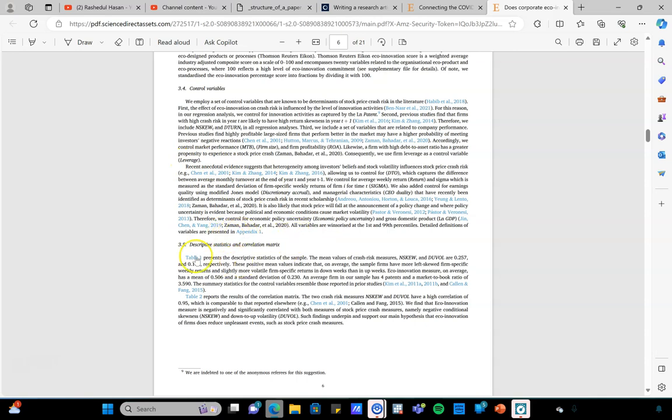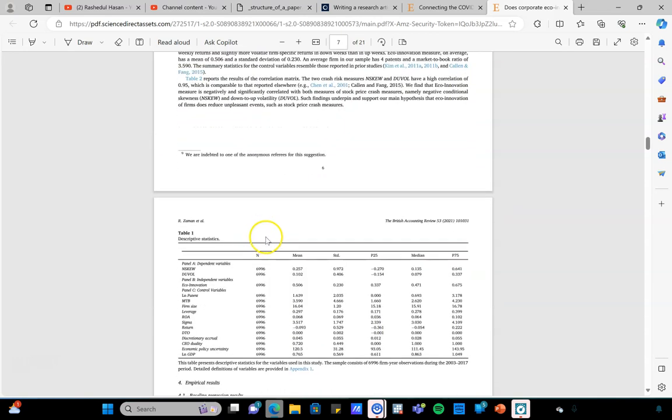So be careful about this. I'm saying this because I received some rejections because some of the discussion of my variables or sample was not so clear. So I'm just telling you to be careful about those things.